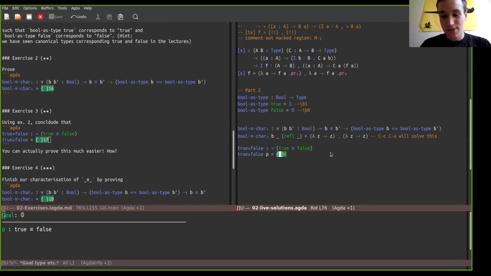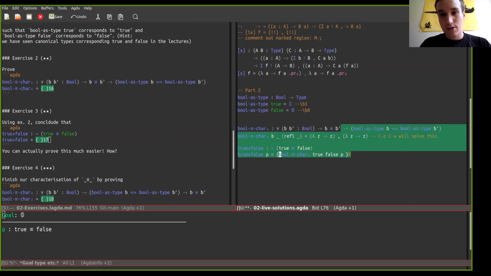So we can use this lemma, copy and paste it, Control C, Control F to jump to the next goal. Now we apply it with true, false, and P. These are these three arguments.